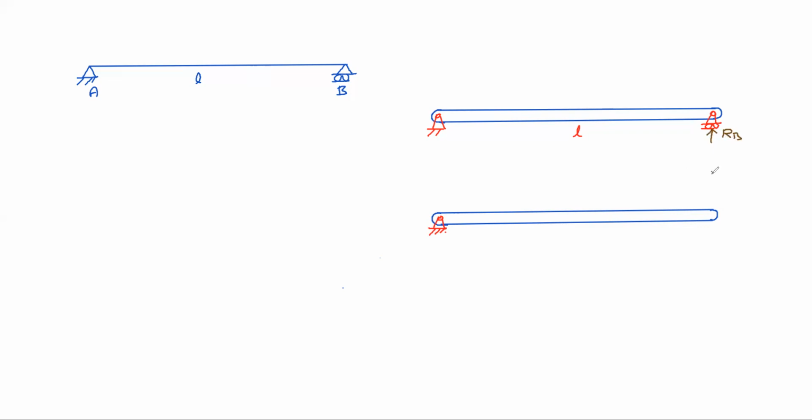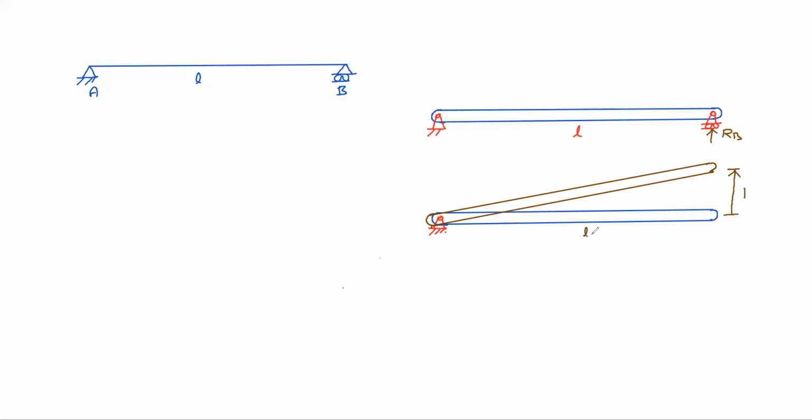In RB direction, give unit displacement. Just observe how the beam moves. So this is 1 unit. The displacement must be 1 unit.